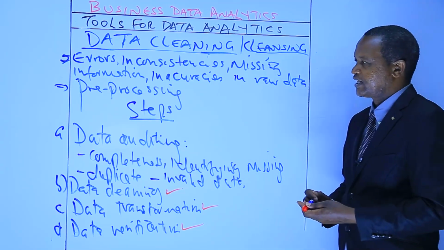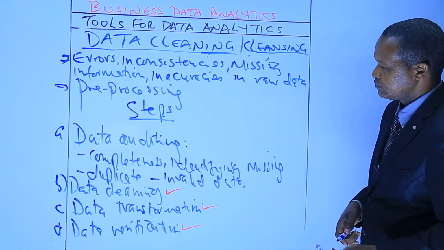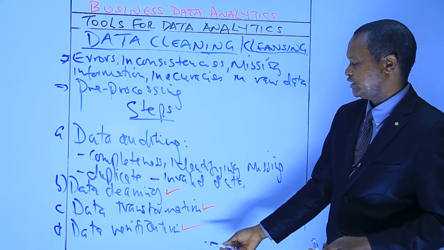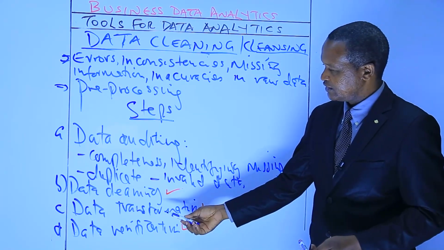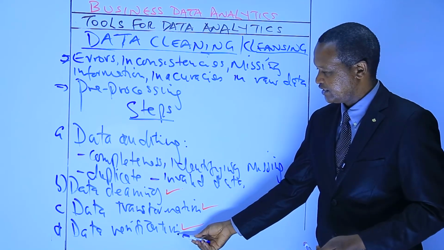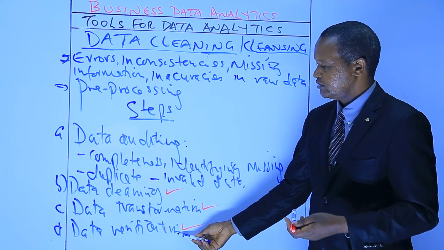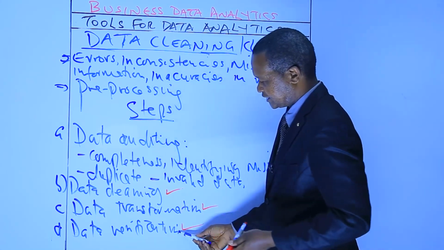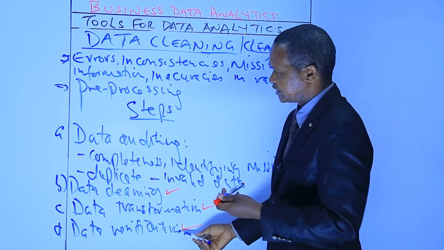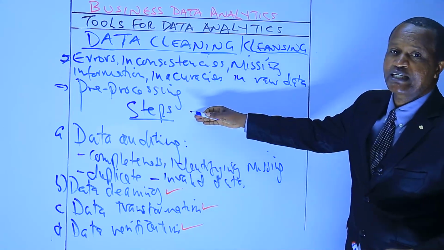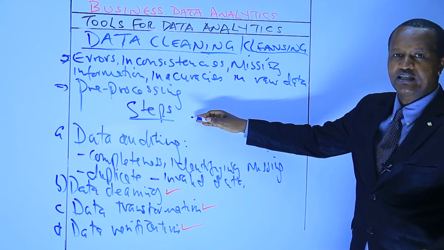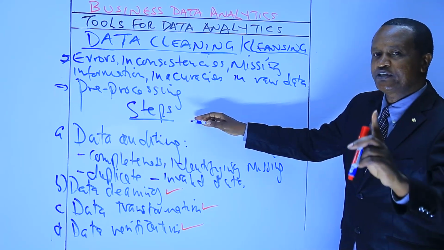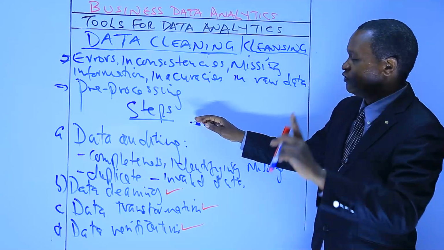That means after carrying out the first round of auditing, cleaning, transformation and verification, that data that is verified at the end here may not be meeting the desired quality standard. And therefore, such data may be subjected to the same process again until the data achieves the desired level of quality.